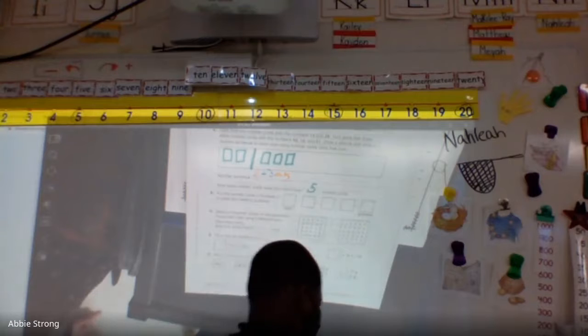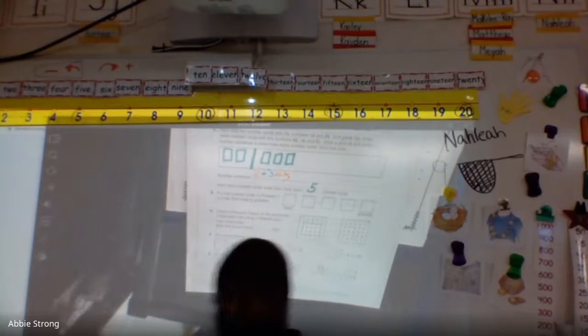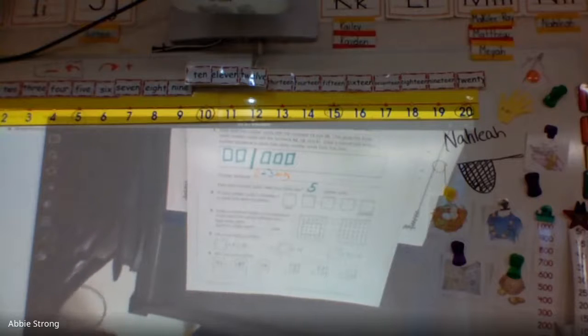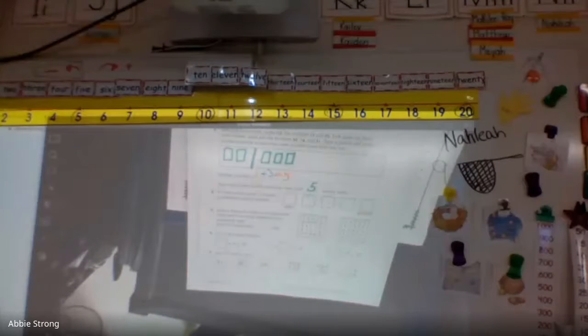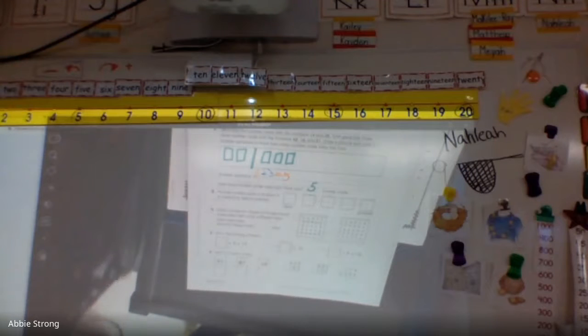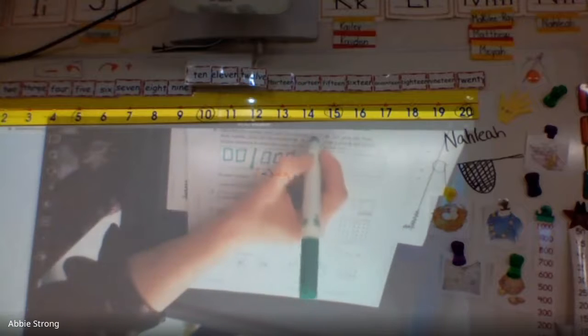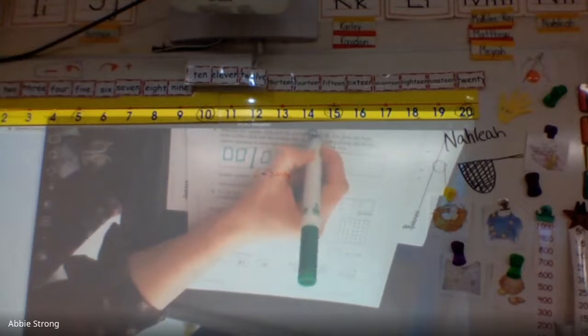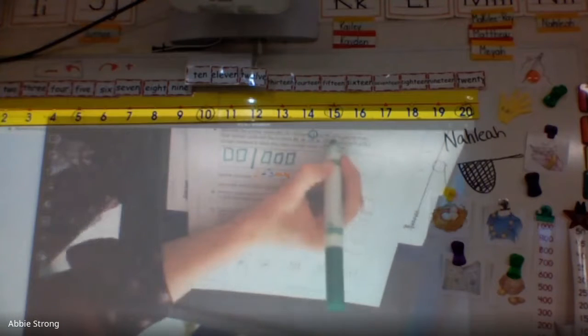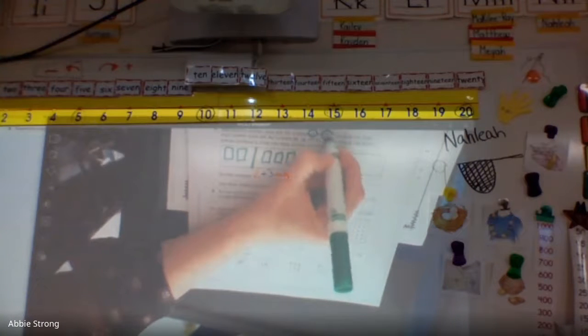Good work. Now it says we need to put the number cards in order. Remember, we didn't need that information at the beginning, but now we do. So look up here. I want you to take your pencil and circle the numbers that you see. 13, we're going to circle, Alea. And 25, we're going to circle.